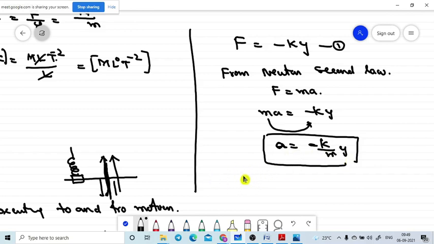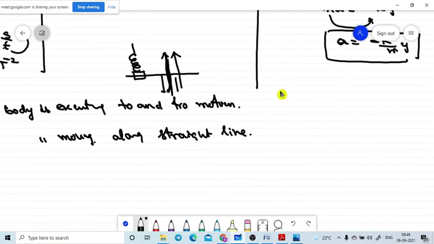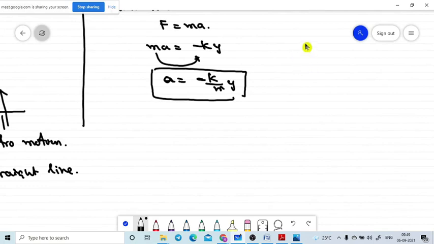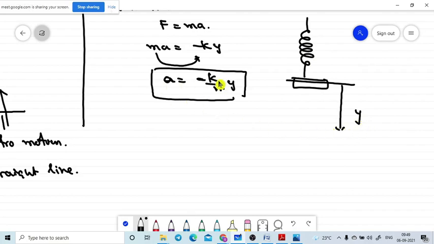Now let me check this. This is the spring mass system. At the mean position the body is here. If the body goes in this direction, that is the displacement of the body. Now, what about this negative term?